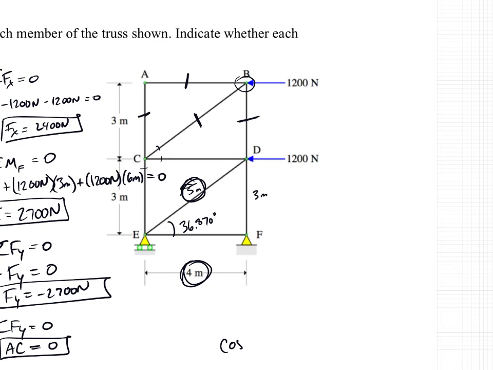Let's get rid of these little tick marks, which are not helping me, and let's get rid of everything that's not really helpful.